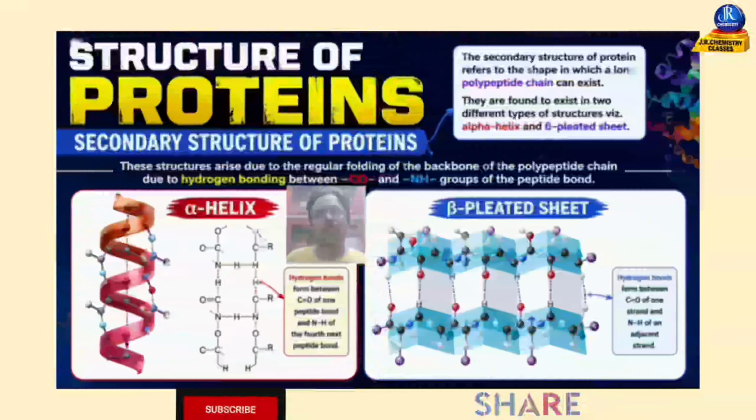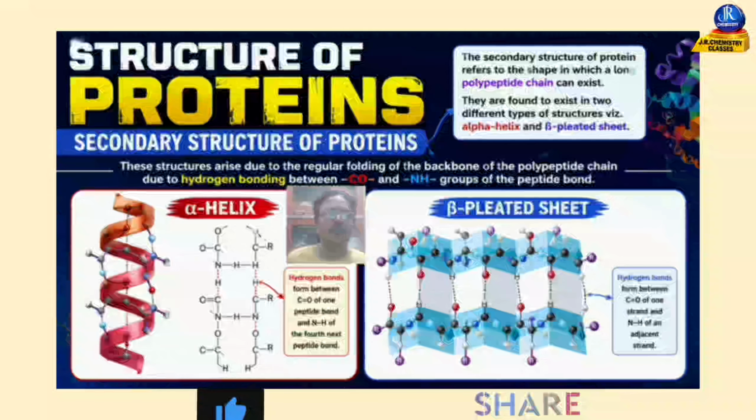Secondary structure of proteins. The secondary structure of proteins refers to the shape in which a long polypeptide chain exists. They are found to exist in two different types of structures, such as alpha helix and beta pleated sheet structure.